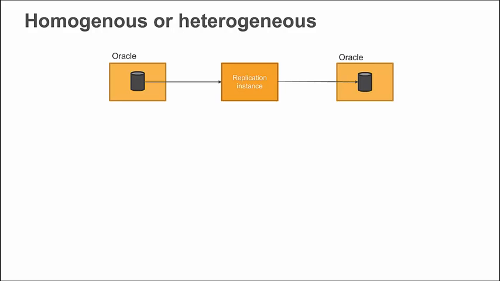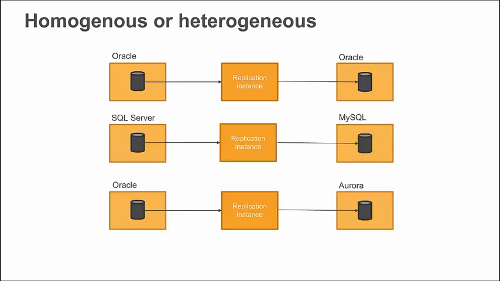You can also use it for heterogeneous migrations, changing database engines in the process. You can start with a SQL Server database on premises and move to an RDS MySQL database. Or you can start with an Oracle database and move the data into an Amazon Aurora database.